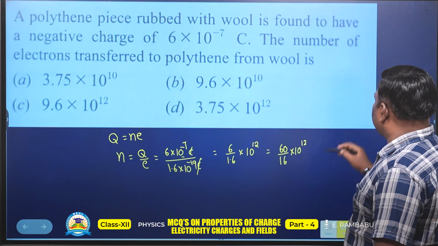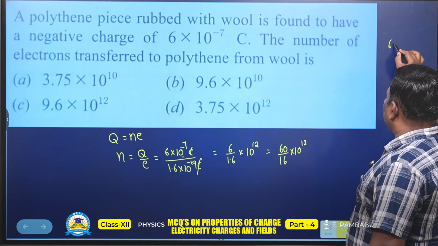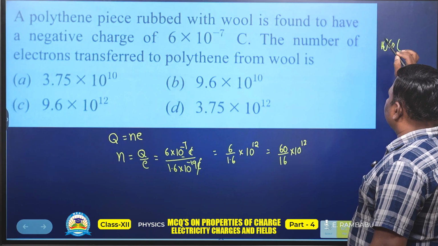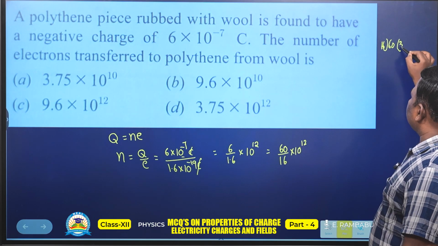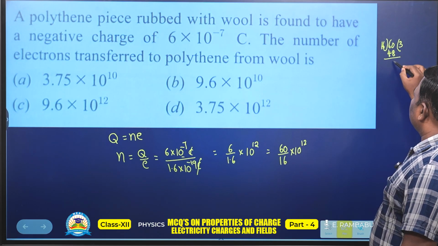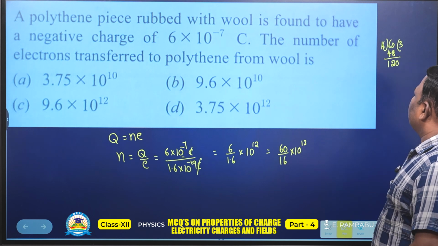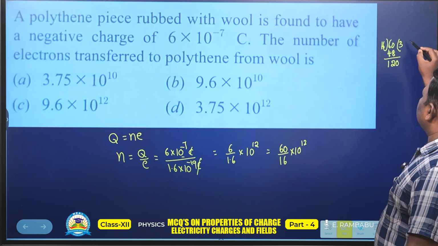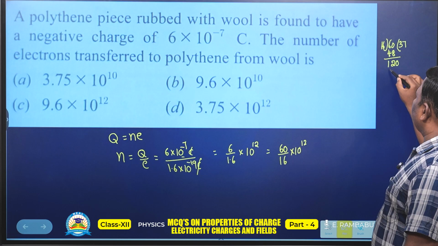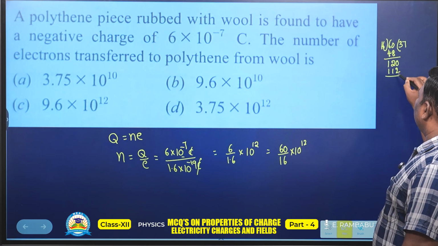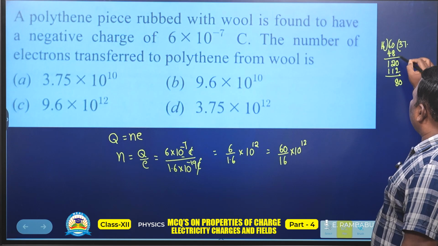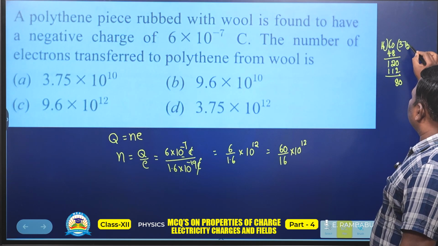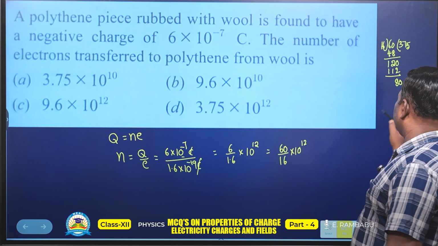Once we simplify this, 60 is divided by 16: 16 threes are 48, remainder 12, again a 0 can be taken, 16 sevens are 112, remainder 8.0. The decimal point is already placed, and it is 3.75.